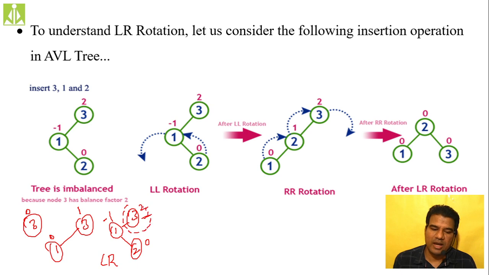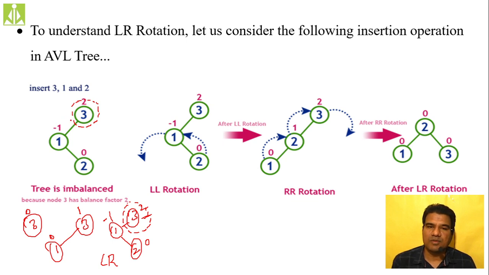Our critical node I am highlighting over here, it is 3. See over here, the same tree structure, here we have 3, 1, 2. Balance factors 2, minus 1, 0. And here we are losing the balance factor, isn't it? Here the balance factor got deviated, so we made this 3 our critical node.